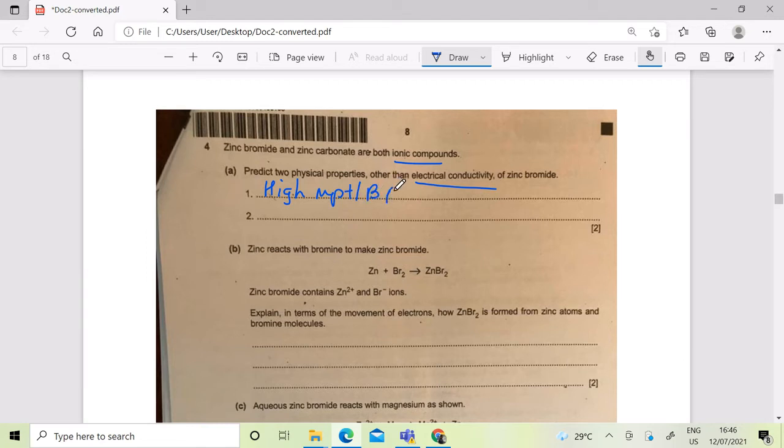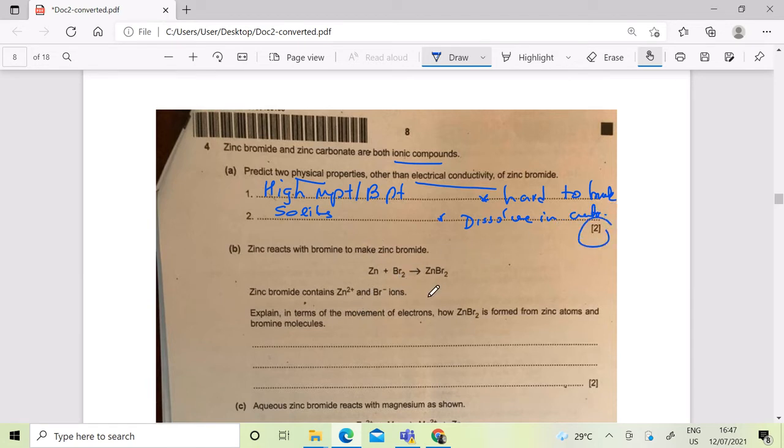Do not write these two separately, make it high melting point or high boiling point, and they are solids. They are hard structures, hard to break, because physical properties are asked. Even you can write they dissolve in water. Two are enough to get 2 marks.